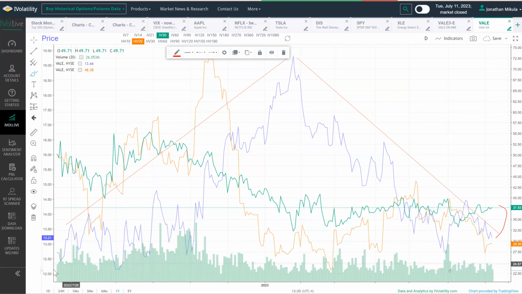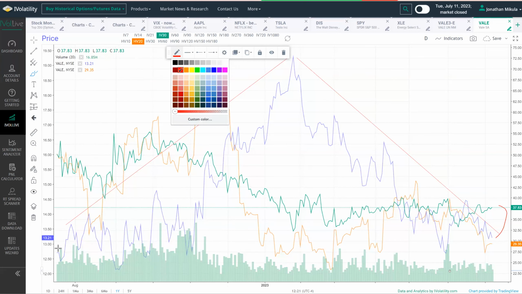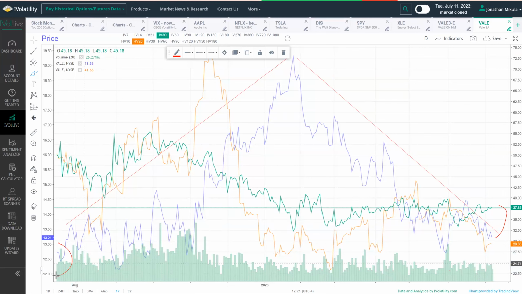So this $12 to $13 stands out to me as a good potential trading range, right? Because even when times are bad for Vale, they tend to not get much worse than $12 a share. So this was very interesting to me. I jotted down $12 to $13 for potential strike prices.